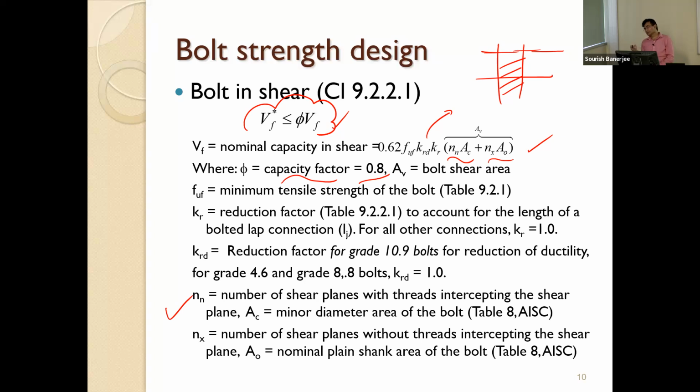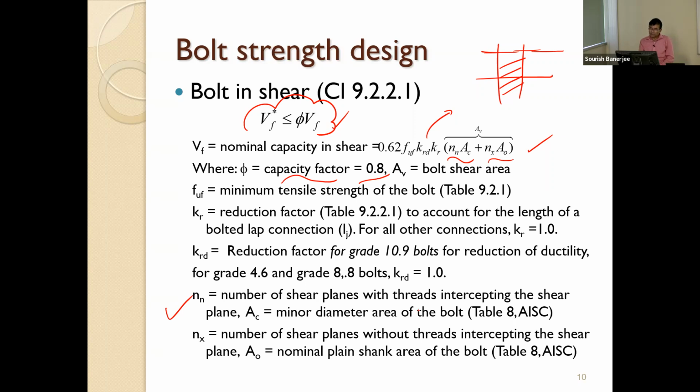The reason for the distinction is that the capacity can vary depending on whether the shear plane intercepts the threads or intercepts a cross section which is without the thread. Because there is a difference in the capacity, we have differentiated between the shear plane cutting the threads or not cutting the threads.